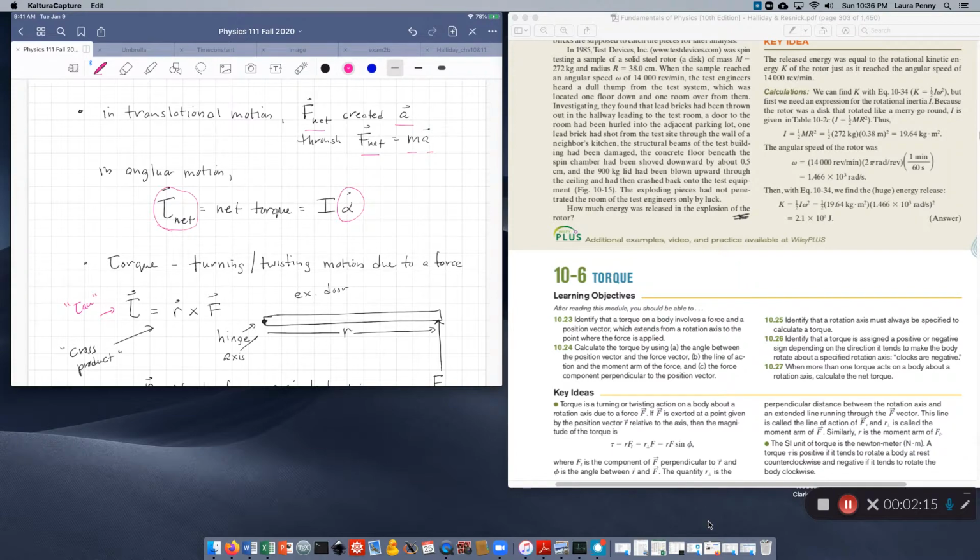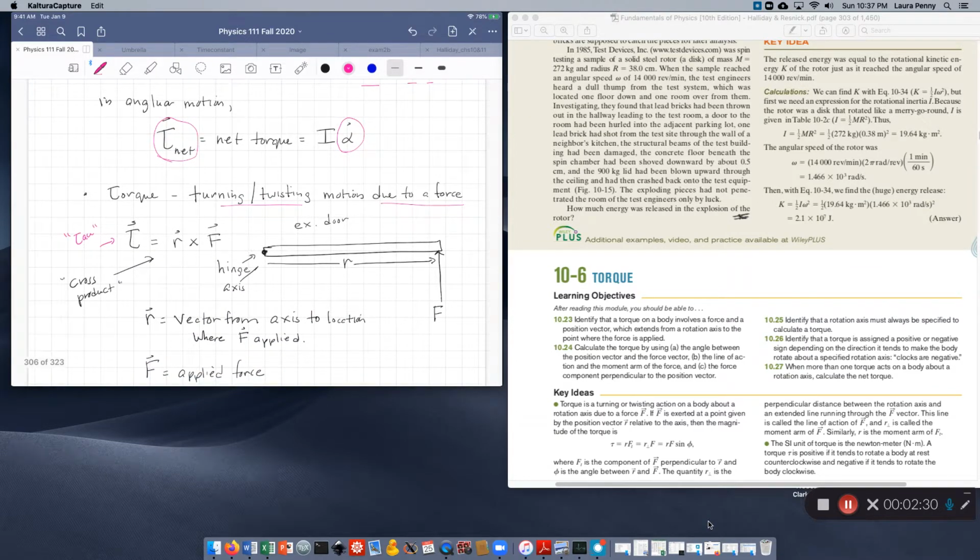Torque is the turning, twisting motion that's due to a force. So torque creates angular acceleration on its own. One torque would do it. Torque is when you see something that turns around in a circle, and this happens far more often than we think. Actually, the whole human body is just one giant torque machine.